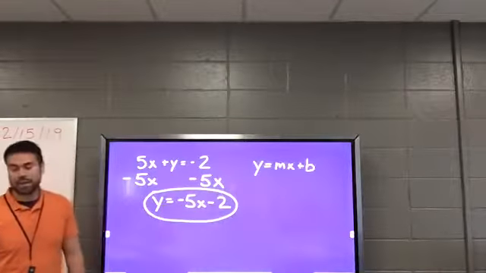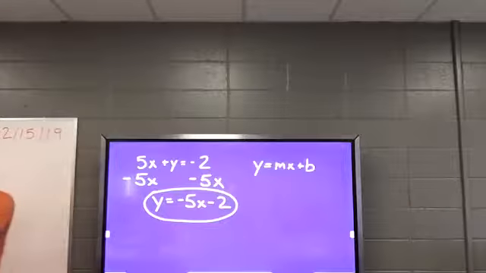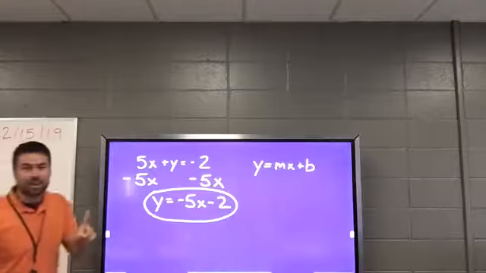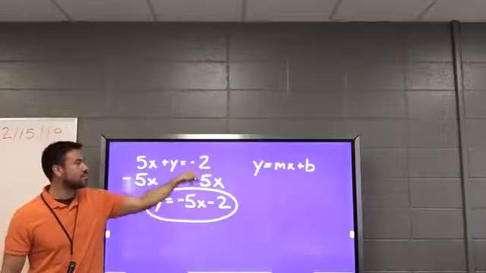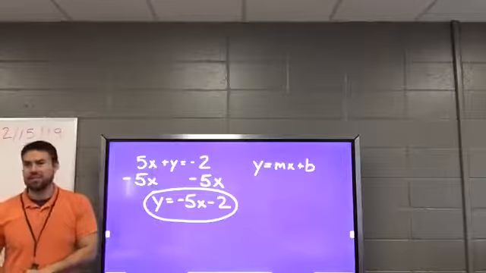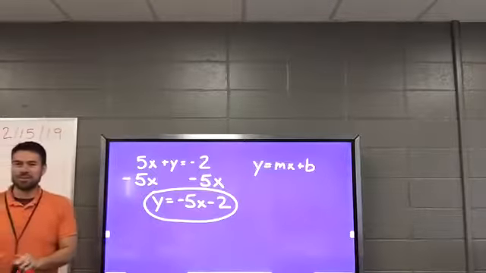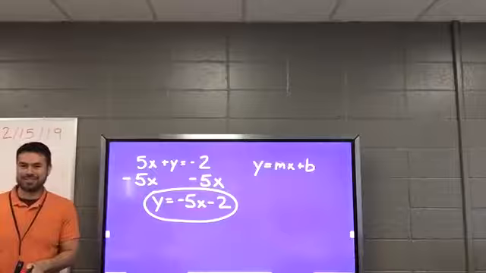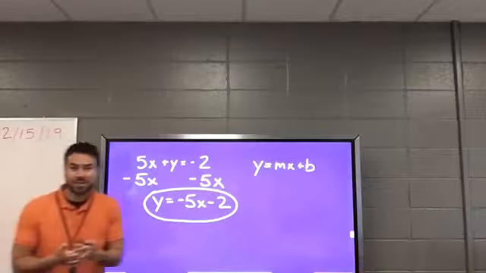Can anyone give me my x-intercept? See if you guys are paying attention. I got my y-intercept. How do I get my x? This is how I got my y. I did negative 2 divided by 1. How do I get my x? Anyone?